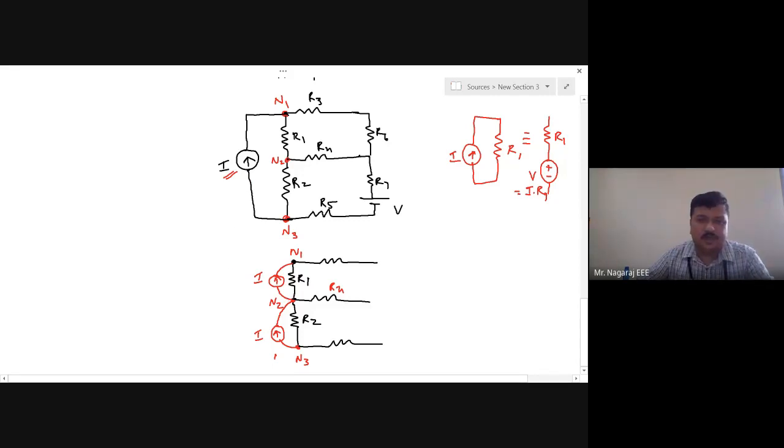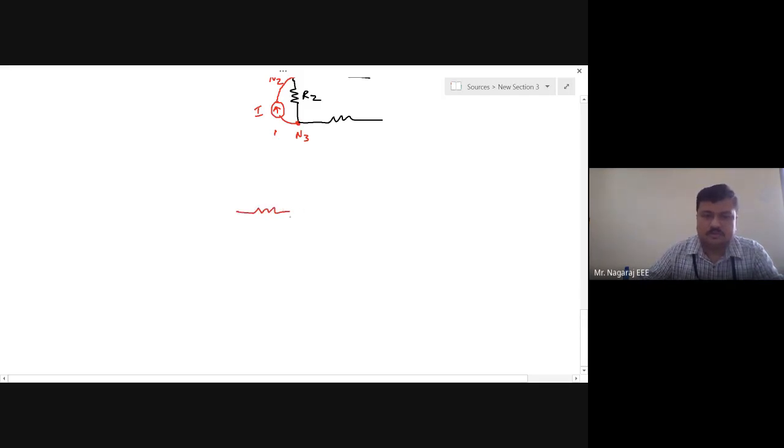If the direction of current is downward, now I will take another circuit. Now if I have to shift this, I will take exactly the same circuit with the opposite direction.